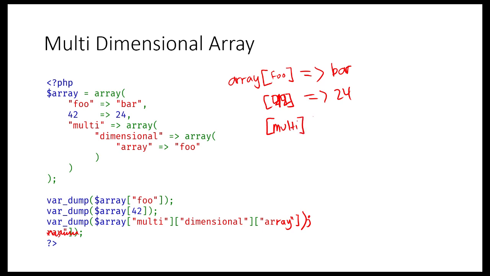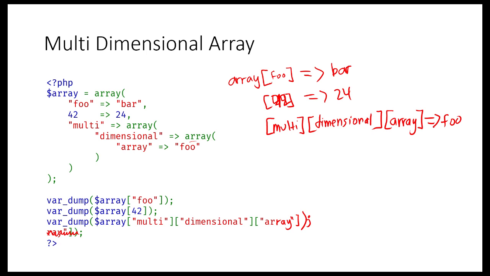And then we've created a multi-dimensional array. So multi contains an array which contains its own word, dimensional, which contains its own array called array, which contains the word foo.